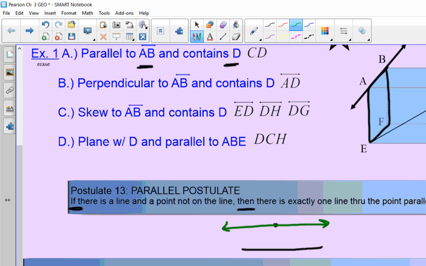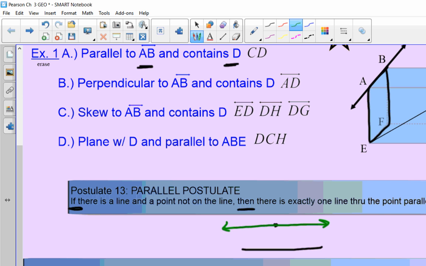Okay? And so if you think of degrees, if that green line was not flat, if it was 1 degree off of being flat, at some point down the road, it's going to intersect with the black line, okay? But I can draw exactly one line parallel to the given through that point, okay?